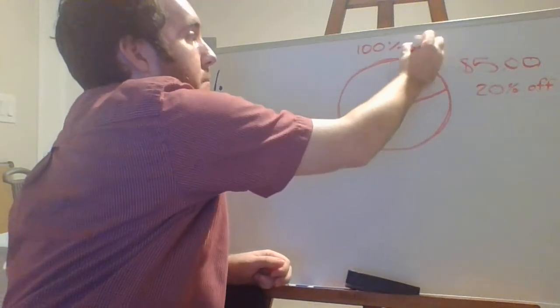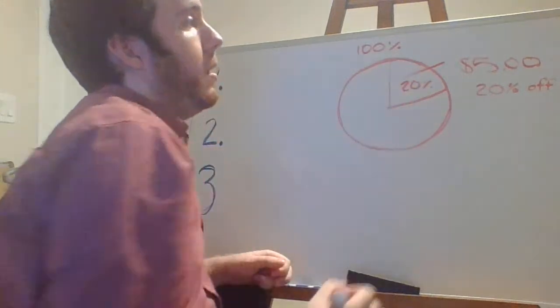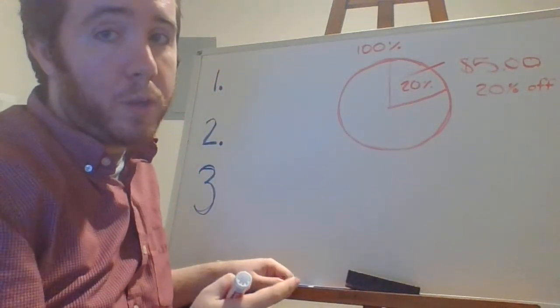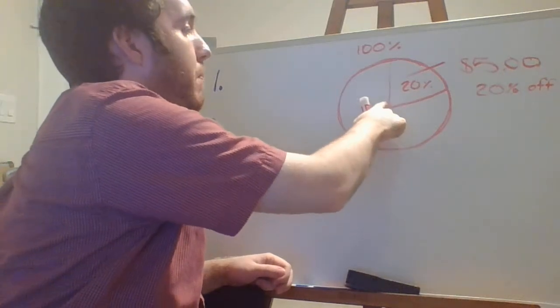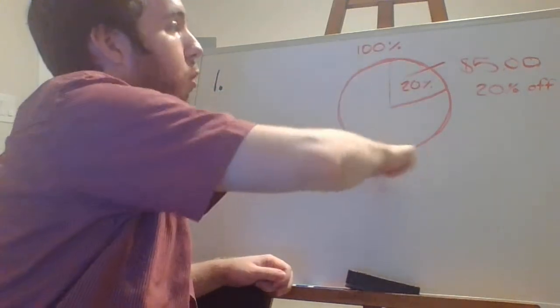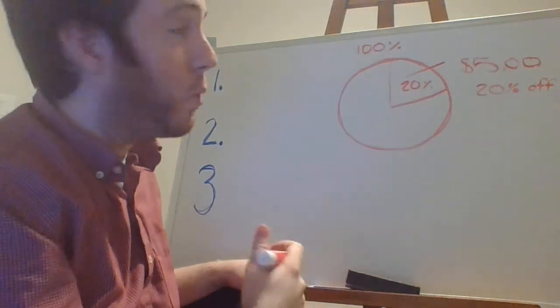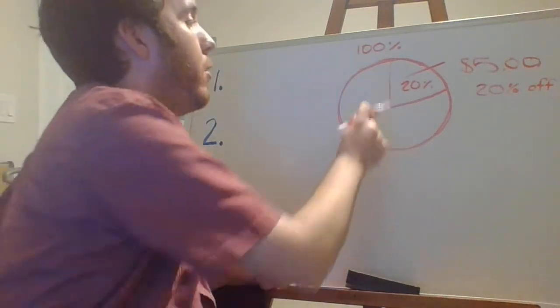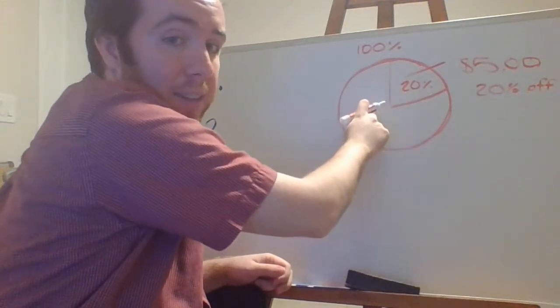And so I'm going to remove this 20%. Now, when we remove the 20%, we're left with the rest of the pie. Now, the whole pie is 100%, and we remove 20%. We know the rest of this pie is 80%.